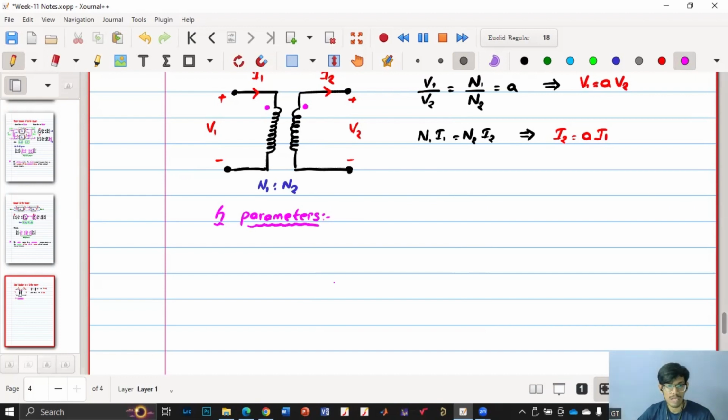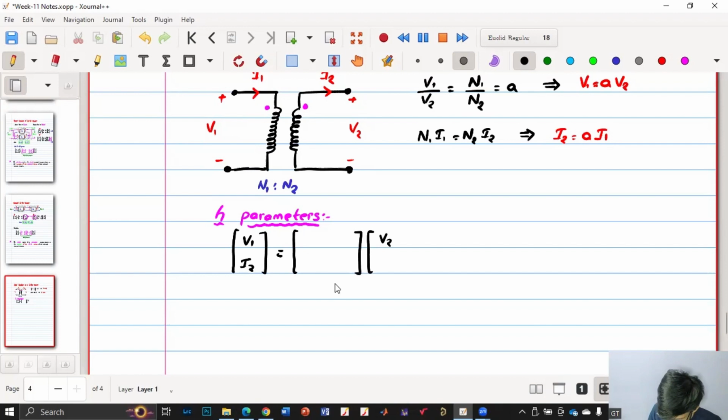So now let us take H parameters. Okay. So now we are considering H parameters. So in the H parameters, what are there on the LHS side? We have V1 as well as I2, right? So let us take V1 and I2. And we have H11, H12, etc., into I1 and V2.